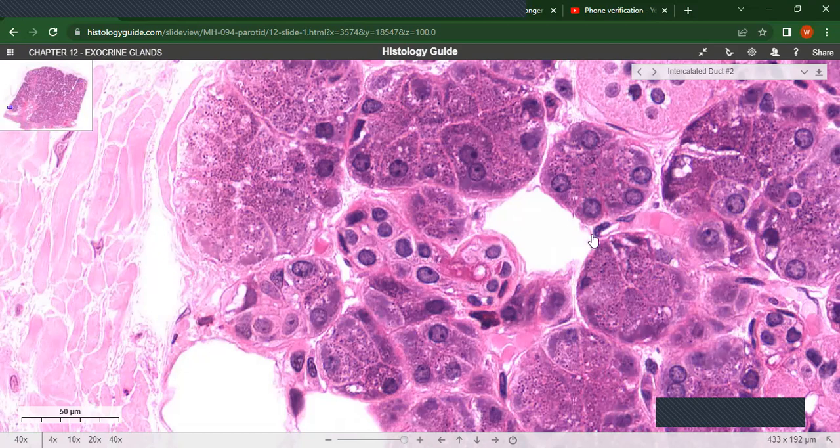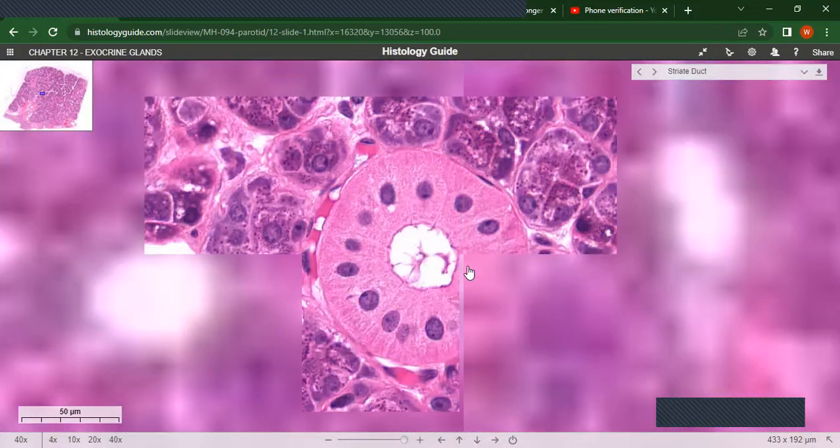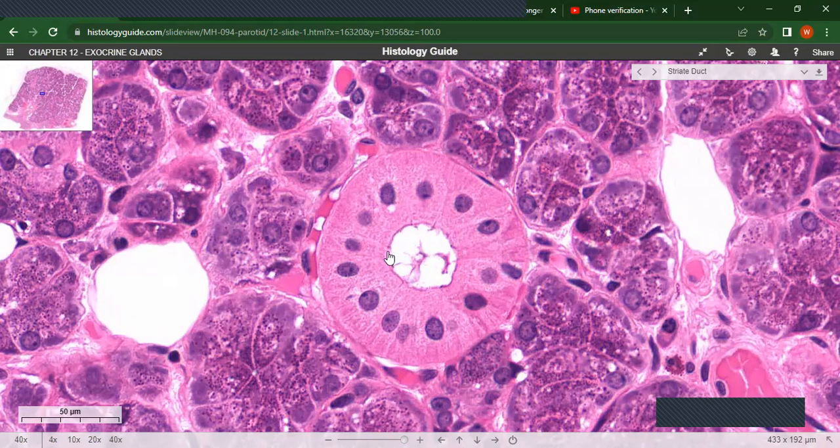They drain individual acini. After draining individual acini, several intercalated ducts drain into a straight duct. A straight duct is also found within the lobule, so it is also an intralobular duct. So this is a straight duct. You can see how it is larger than the intercalated duct.